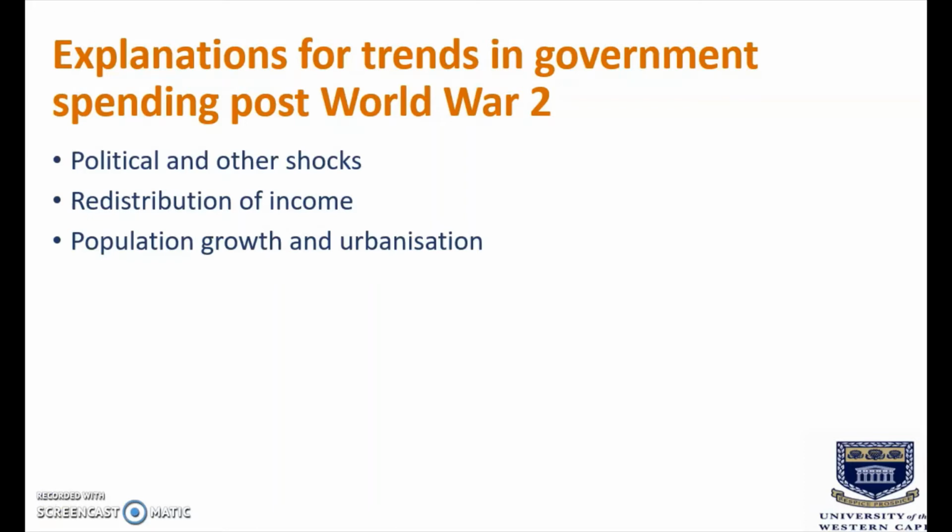These are the main reasons suggested for the increase in government expenditure: political and other shocks. These are often unpredictable and are usually the result of events that are beyond the scope of normal economic transactions, for example, outcomes of presidential elections in one of the leading economies, such as the US.